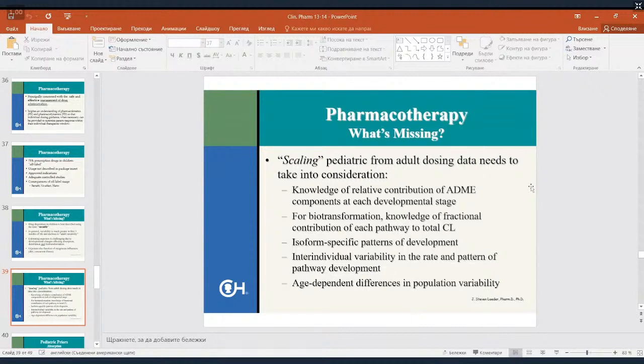Again, an example of scaling, but this scaling is very simple, and it is usually not the case for most drugs. So it is not as simple as going from a milligram per kilogram from adults to children, because children usually have a faster metabolism and they usually require not lower but higher milligram per kilogram dose as compared to adults.